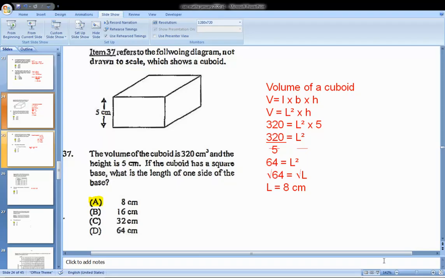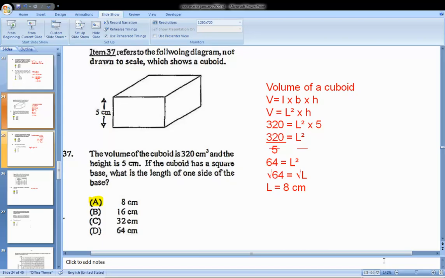So V equals length squared times height. We put in our value: 320 equals L squared times 5. In order for us to find the value of L, the length, we would have to divide both sides by 5.